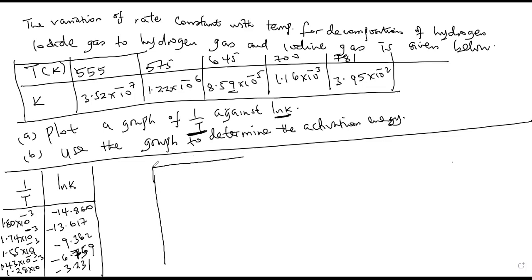So you choose the appropriate scale, and it is the task of every viewer to draw this graph. Here we shall have 1/T, meaning the units will be per Kelvin. Since the units were Kelvin, when you take 1/T, it will be per Kelvin, and you can start from 0 maybe.